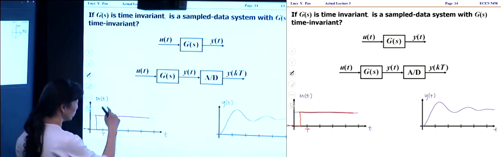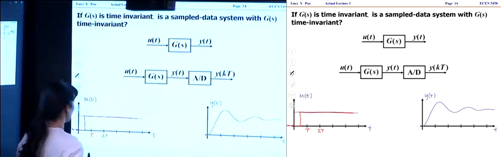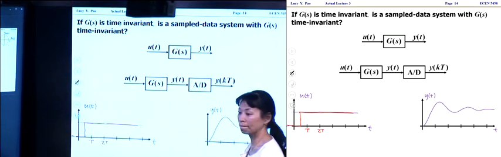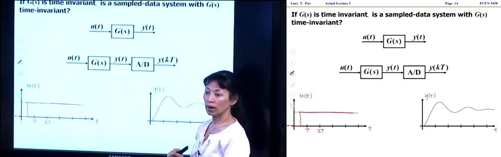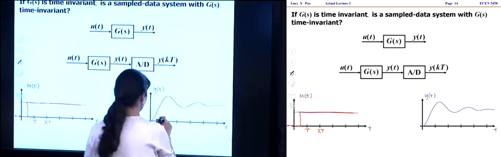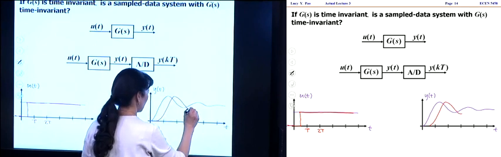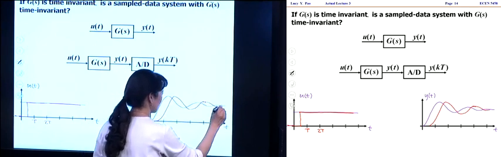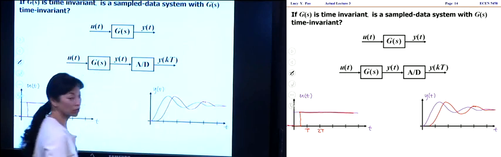Say ultimately when we look at the sampled data system, we'll look at sample periods, but say we shift it by that amount. What will happen to Y of t? It'll shift by the same amount. So let's see if I can draw this. So it'll shift by that same amount. All right?